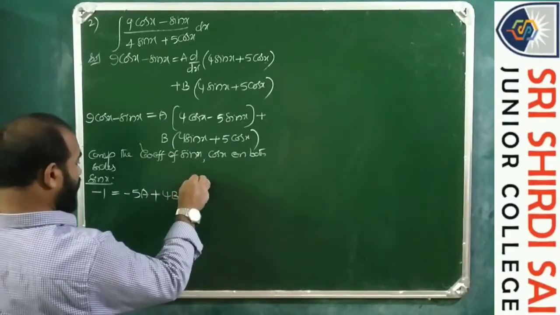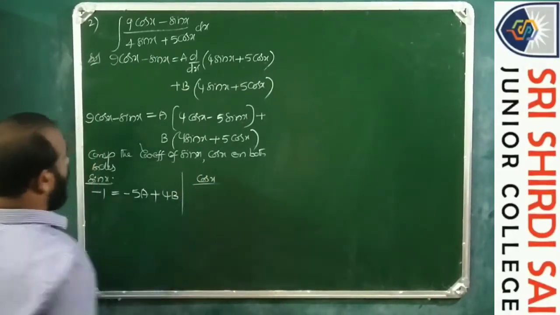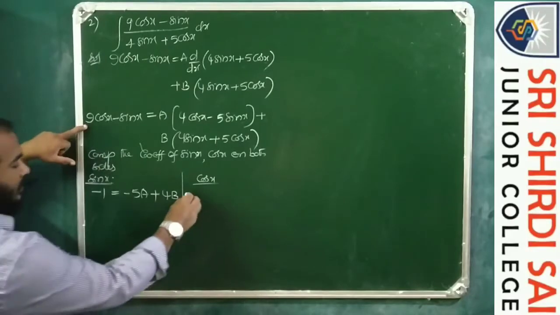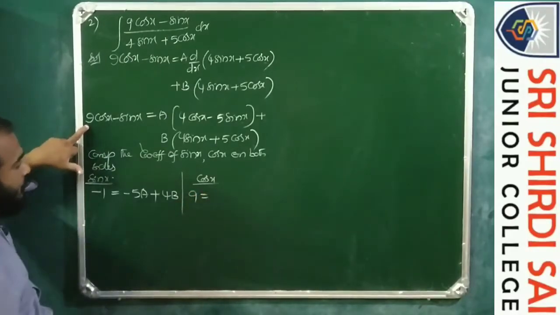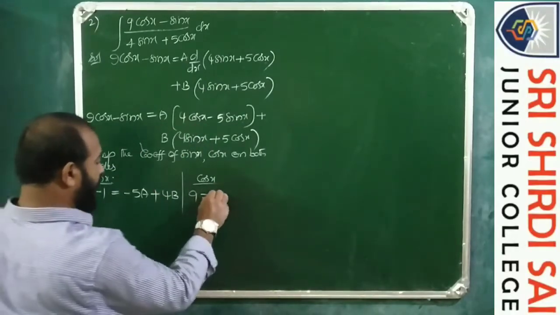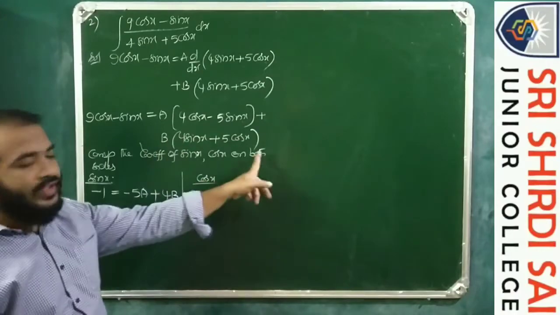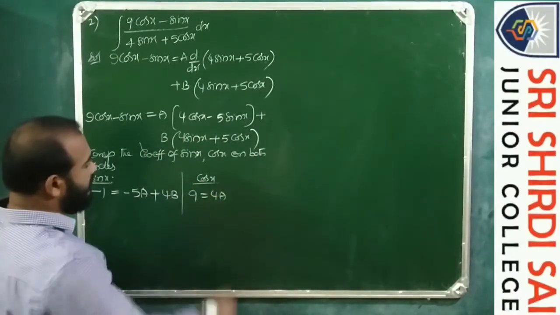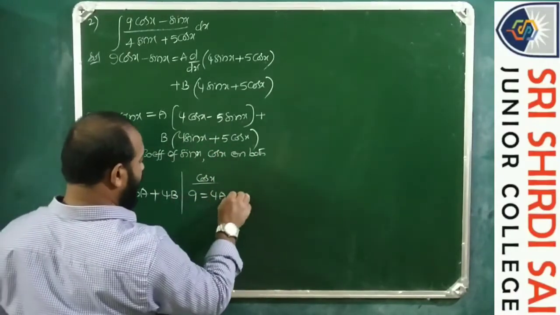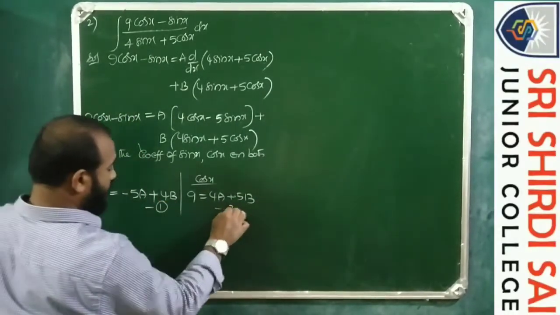Likewise cos x. Now cos x coefficient is 9 in the LHS is equals to 4a cos x. Cos x coefficient is 4a. This is b into 5 cos x, 5b cos x. Cos x coefficient is 5b. So this is 1 and this is 2.